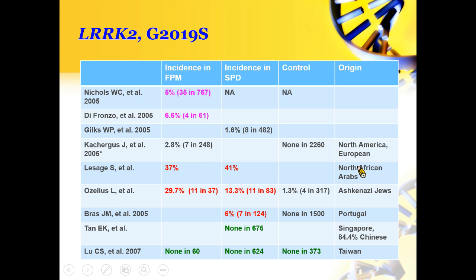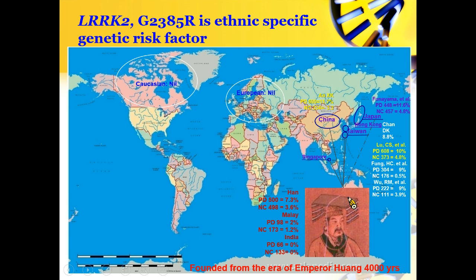The most important LRRK2 mutation is G2019S, owing to its high incidence in European countries, but this mutation was not found in Han Chinese. Two other genetic variants, G2385R and R1628P, were found in our population, but not in Caucasians.